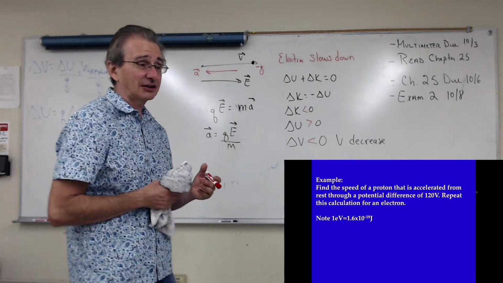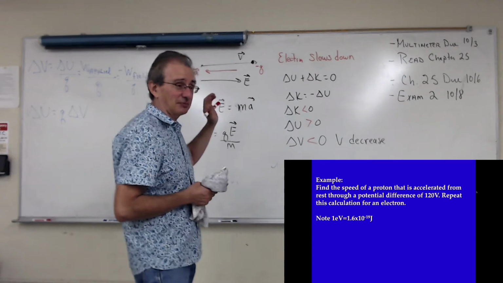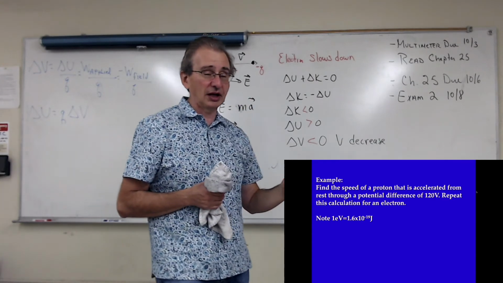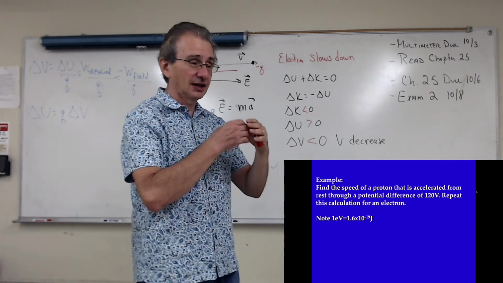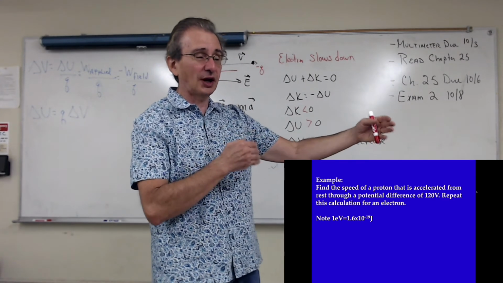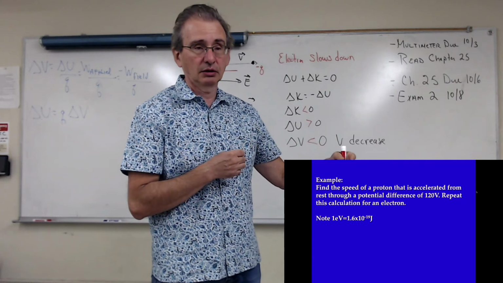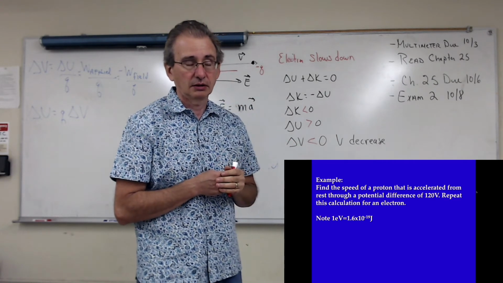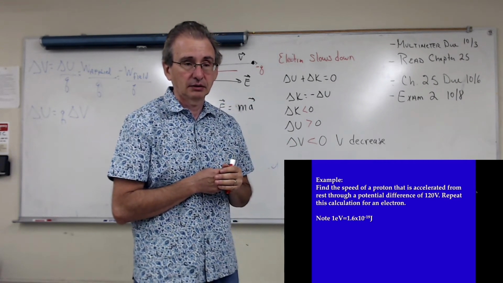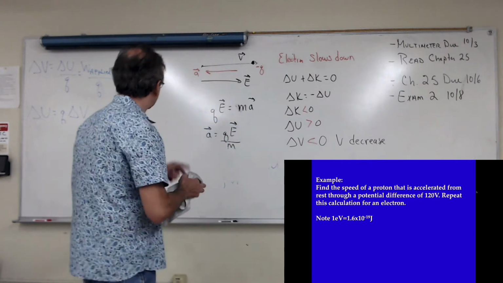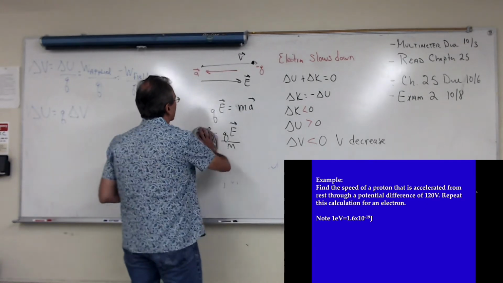Well, if it's a proton, we just did the example. If you're going to accelerate a proton through 120 volts, it's got to move towards the direction of decreasing V. And you'll see that when I do the problem.